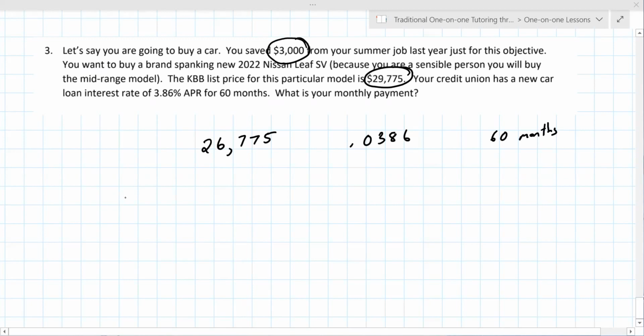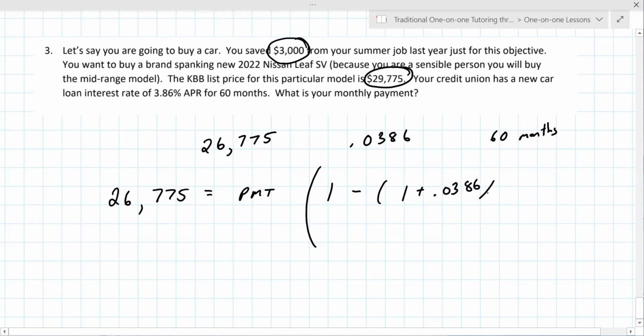So it's 26,775 equals the payment that you're going to figure out here, times 1 minus 1 plus 0.0386. But I guess because they're doing this monthly, that's why that becomes divided by 12. And then it's minus 60 because that's the number of months, over 0.0386 divided by 12.